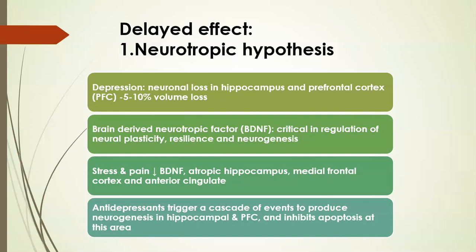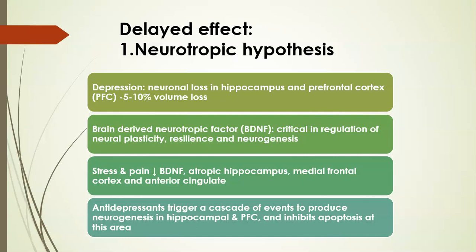So the first hypothesis is that neuronal loss in hippocampus and prefrontal cortex in depression is alleviated by regeneration of these neurons in these areas, right?